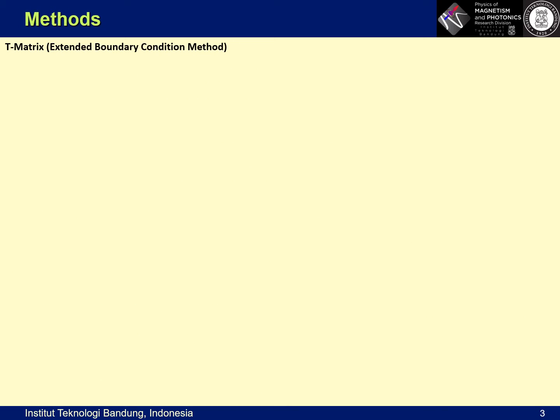The method we use to calculate the optical characteristics of Chebyshev particles is the T-matrix that is based on extended boundary condition method. In this method, the incident and scattered fields are expanded into vector spherical wave functions.